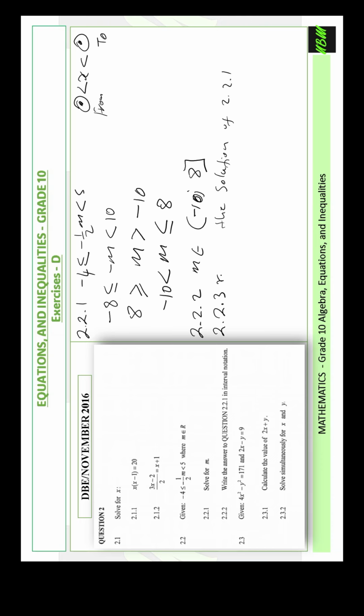Let's say represent the solution of 2.2.1 on a number line.